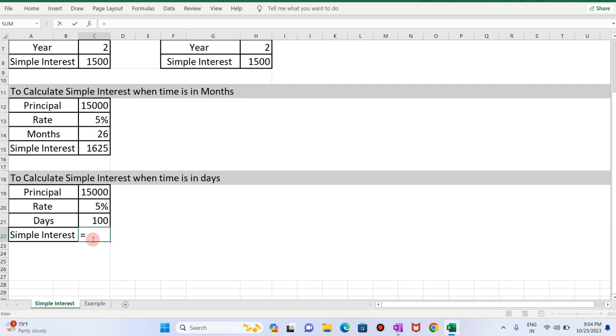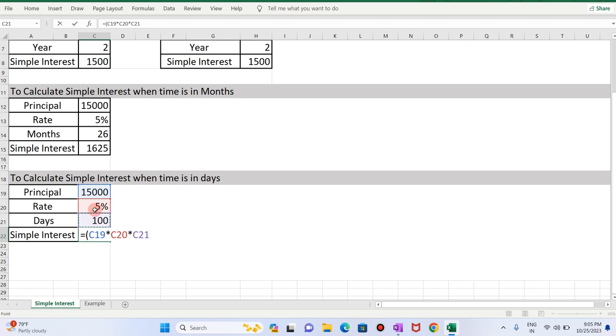Equals to bracket, select principal into rate of interest into 100. Now this 5% interest is for what? For the entire year, that is per annum.